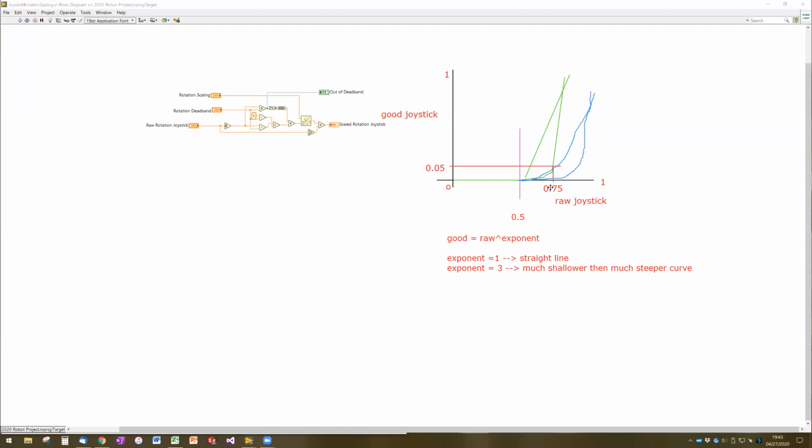If we were to then apply the deadband and the power curve to those x and y values independently, we would rescale the 0.1 by a different amount than we would rescale the 0.2 because they're on different parts of the curve. And so the inverse tangent of the scaled y over the scaled x would no longer be the same.